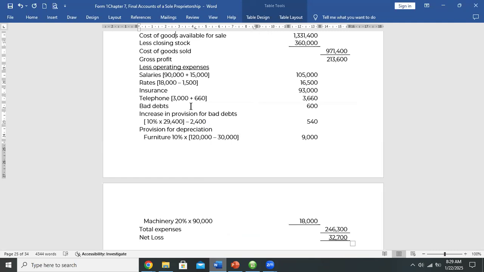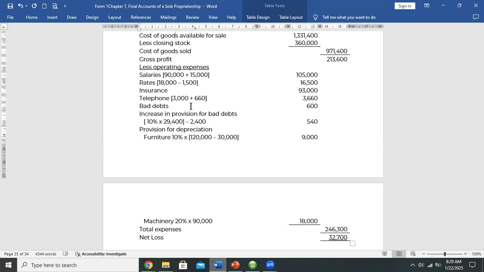In other words, if I ask you, what is your rent for the year? If you tell me 3,500, that would be wrong, because your rent is not 3,500. Your rent is 3,000, but you have paid 3,500.